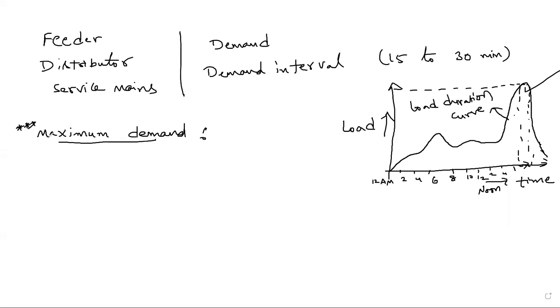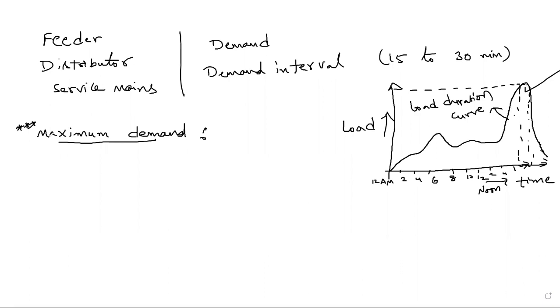Demand we already studied in the last class. What is meant by demand? Simply the power required by the load for a specified period of time, in kilowatts, for example. How much power is required, we simply call that the demand.